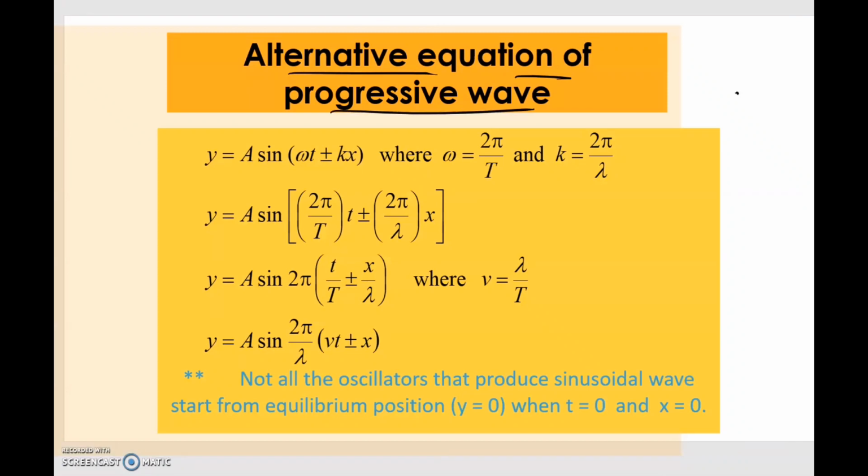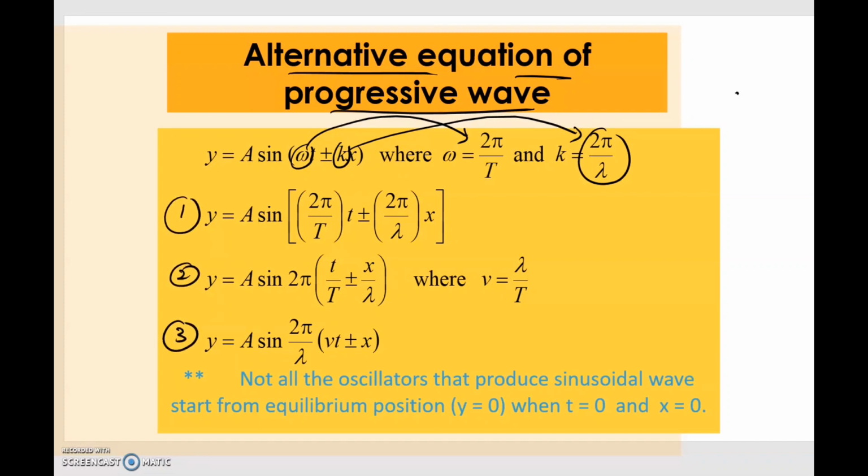We have y equals a sin, where omega you can substitute with 2 pi over T, and k, which is the wave number, you can substitute with 2 pi over lambda. So here are the three alternative equations for the progressive wave: number 1, number 2, and number 3. You only have to substitute into the formula.